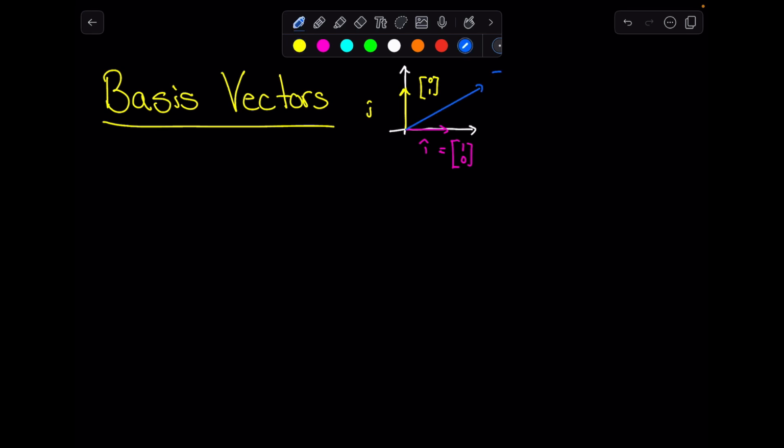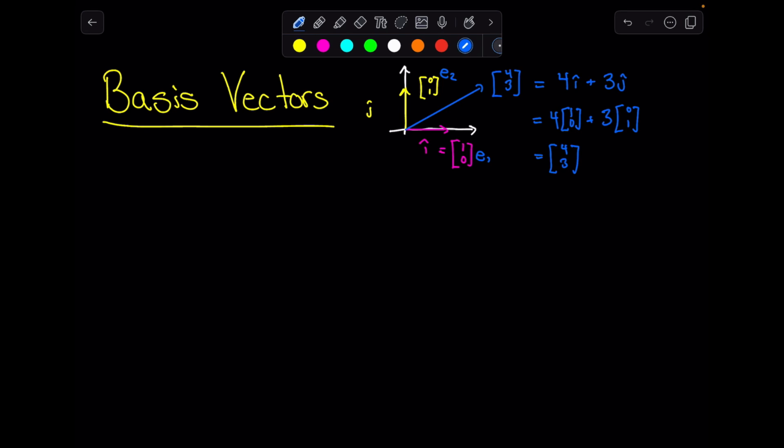If I want to create the vector (4, 3), all I need to do is take 4 of i hat and add it to 3 of j hat, or in other words, 4 times the vector (1, 0) plus 3 times the vector (0, 1), and that's going to get me the vector (4, 3). We usually call the standard basis vectors e1, e2, and so on, and we stop assigning them letters after a while.